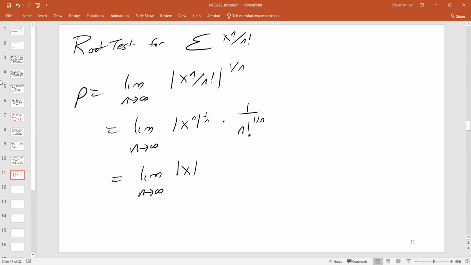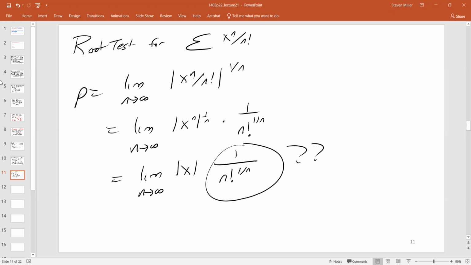So what could you do? So now we have this 1 over n factorial to the 1 over n. How do we handle that?